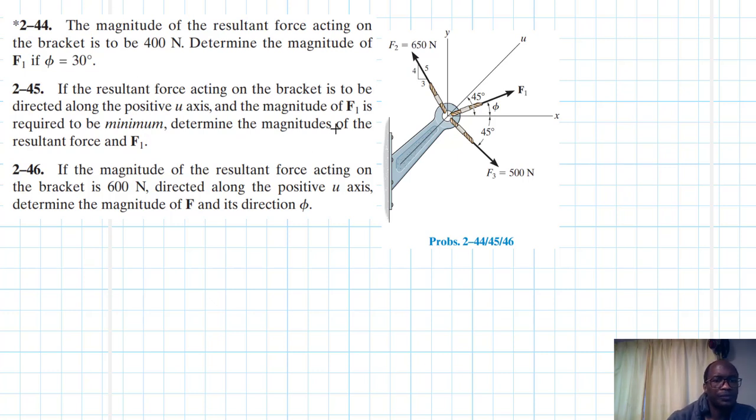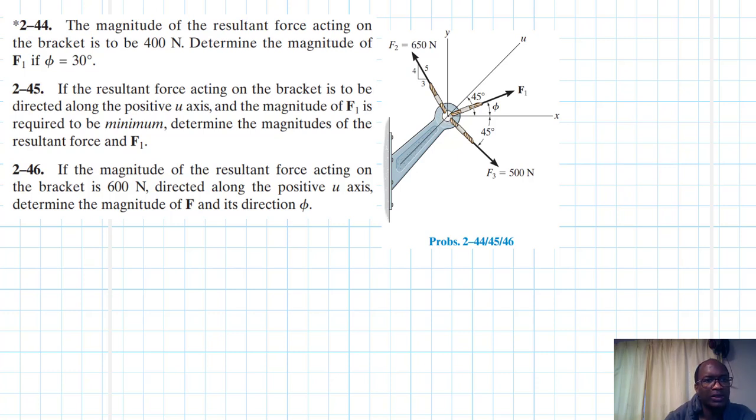Now what we need to do is, I could use the x and y axes, but since I already know my resultant force is along the positive u-axis, I can redraw this. I can change my axes so that instead of x and y, I have u and v.